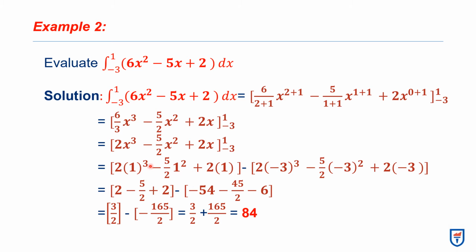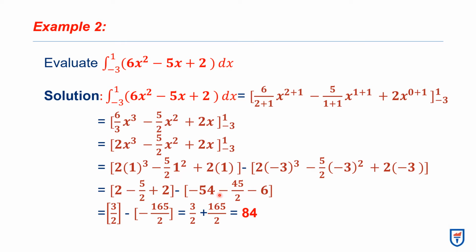When we solve this expression, on our left side, 2 times 1 cubed gives us 2, minus 5 over 2, plus 2. Minus, when we are solving the substitution with the lower limit, we're going to get minus 54 minus 45 over 2 minus 6. So 2 minus 5 over 2 plus 2 gives us 3 over 2.